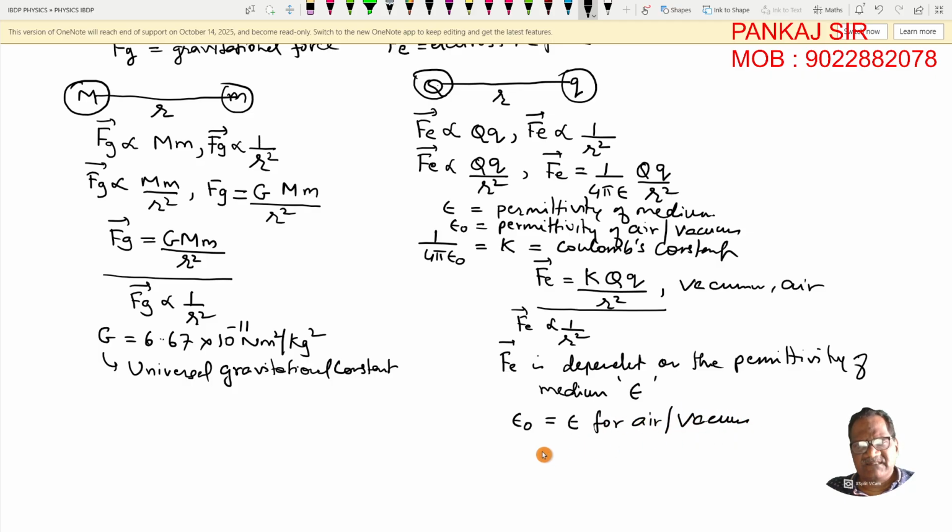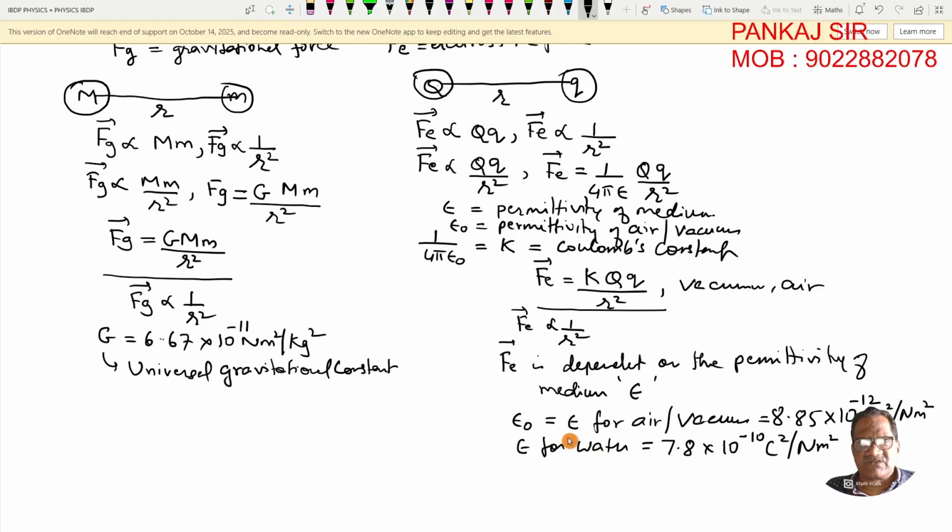And this has a value of around 8.85 multiplied by 10 raised to minus 12, and the unit here is Coulomb square per Newton meter square. One more, if you want: epsilon for water is equal to around 7.8 times 10 raised to minus 10 Coulomb square per Newton meter square.